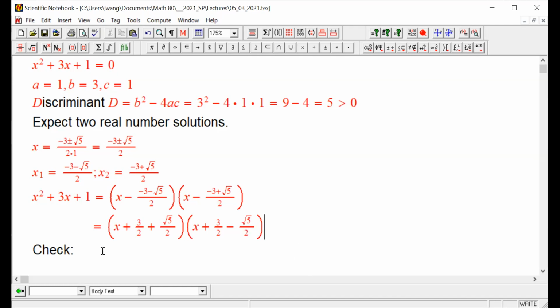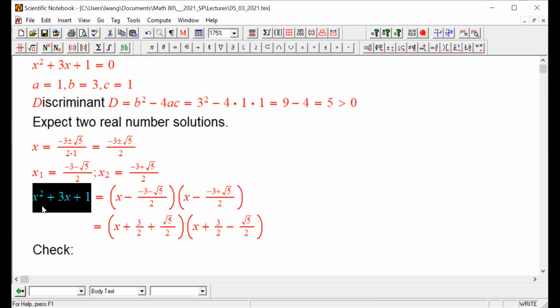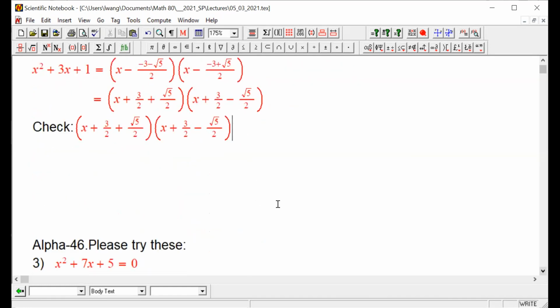But when we check our answer, we want to check if this factored form would indeed equal the original. This will end up here. So is that true?